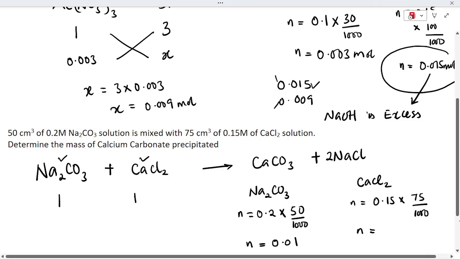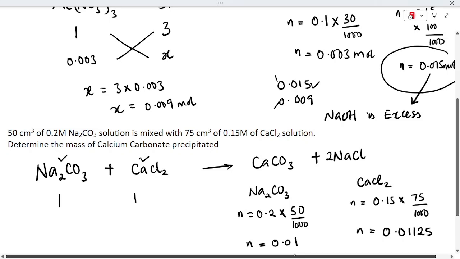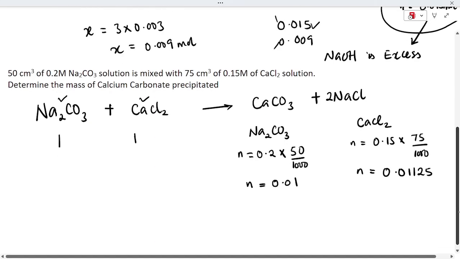And when you do that, you have 0.01125. So if you check this out, remember they are reacting 1 to 1. So therefore, they should always have equal amounts. So technically, if you don't want to calculate this, you simply know that sodium carbonate should be your limiting reagent.